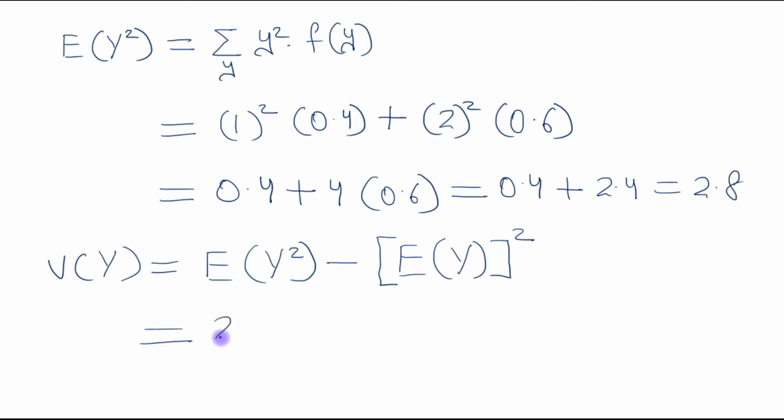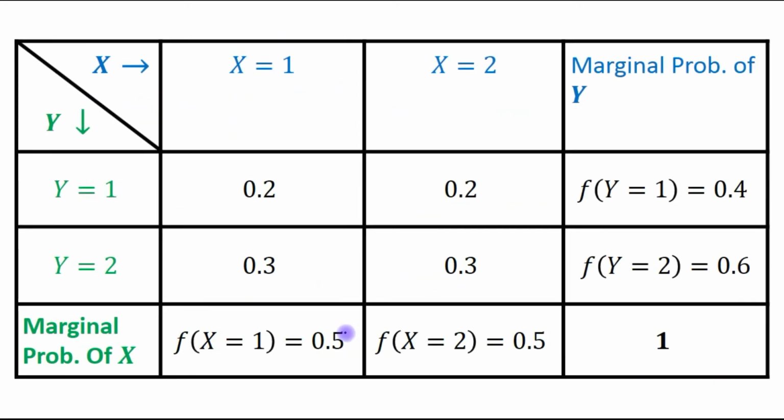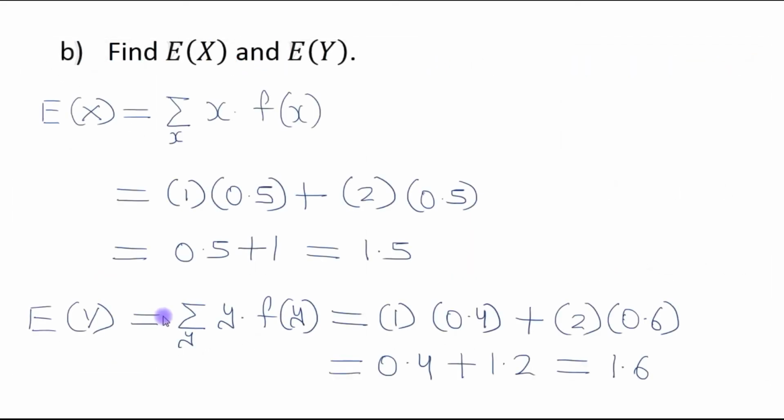and now variance of y, E y square is 2.8 minus expected value of y. Expected value of y is 1.6.